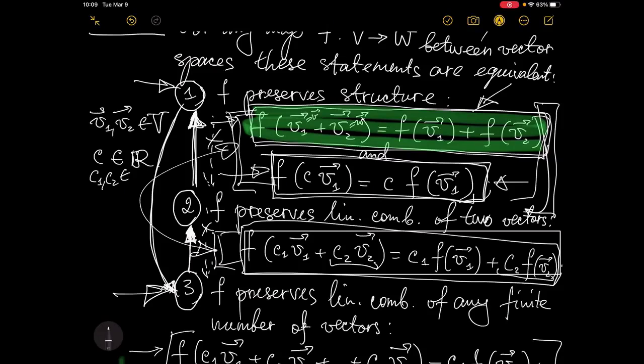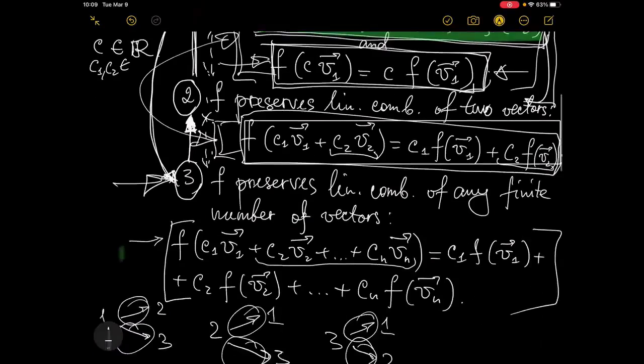For this statement, I need to put n equal to 1 and C1 equal to C, right? But I'm going in the opposite direction. I'm going from 1 to 3. I'm starting from statement 1, and from there, just using statement 1, I'm trying to prove that statement 3 will also work. Is it clear or not?